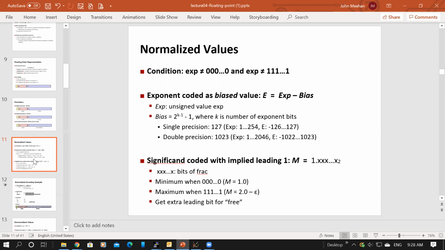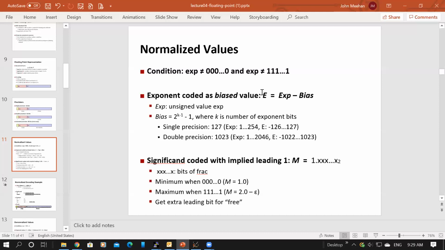The exp field, what is actually stored in there is you take the exponent e that you're trying to represent in that m times 2 to the e thing on the previous slide. And what you actually store in there is something that has a bias applied to it.